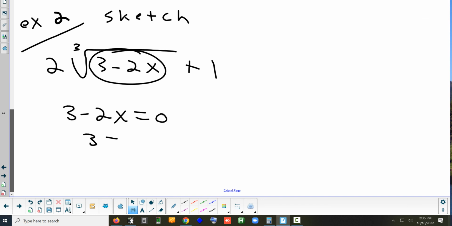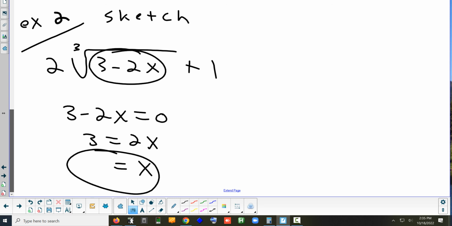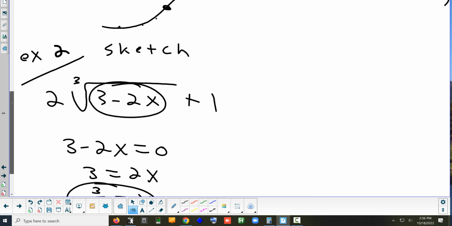Add 2x. And what do I get for x in this case? Yeah, it would be 3 over 2. 3 over 2, 1.5.